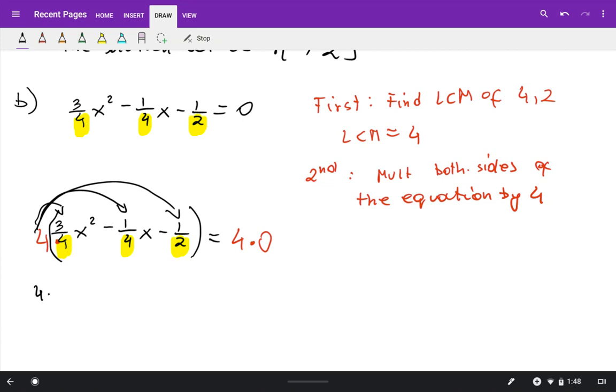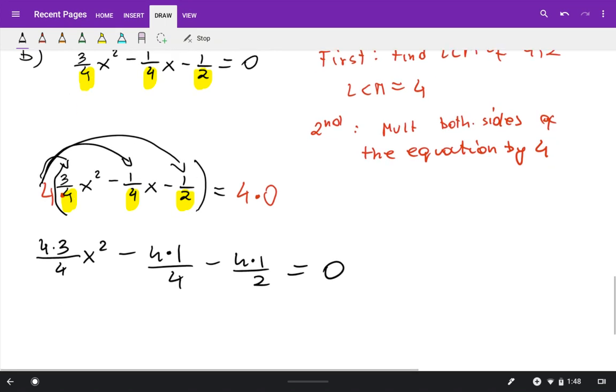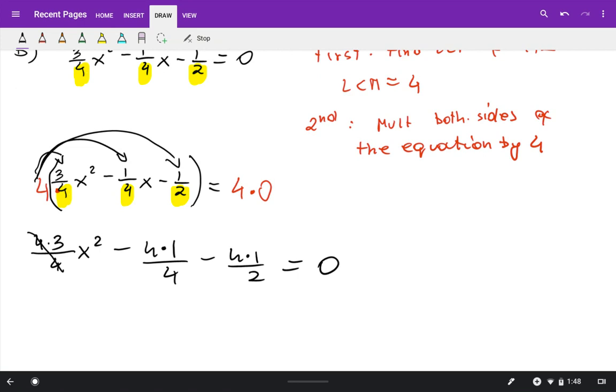So you have 4 times 3 over 4 x squared minus 4 times 1 over 4, so you only multiply the numerator by 4, minus 4 times 1 over 2 is equal to 4 times 0, which is 0. And 4 cancel, so we end up with 3x squared.